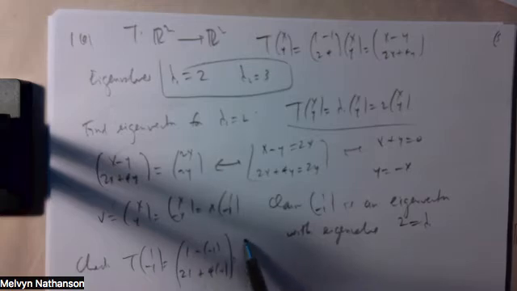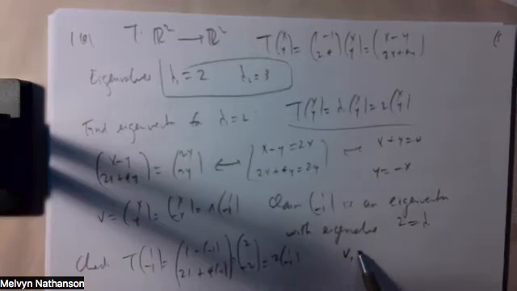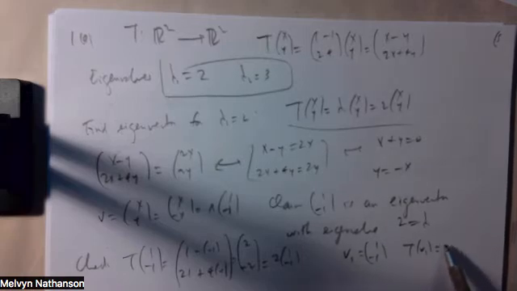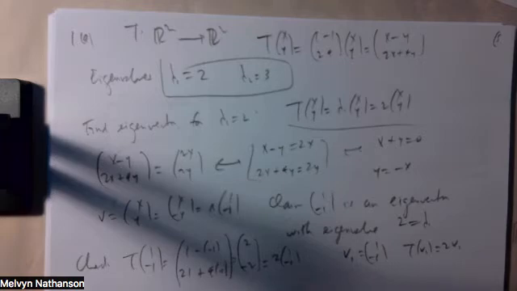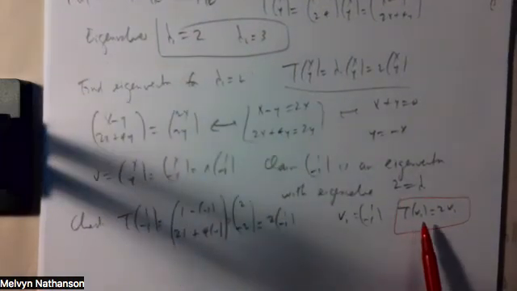This is 1 plus 1 is 2. This is 2 minus 4 is minus 2. This is exactly 2 times 1 minus 1. So if I let V1 be 1 minus 1, I see that T of V1 is 2 times V1. This says that V1 is an eigenvector with eigenvalue 2.